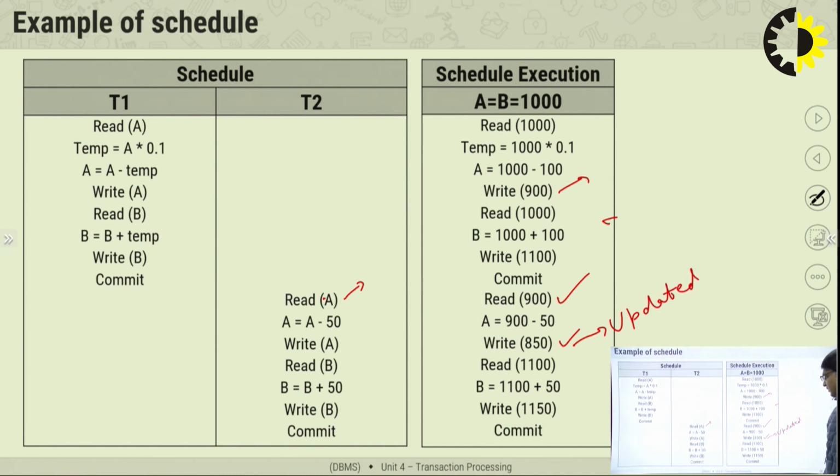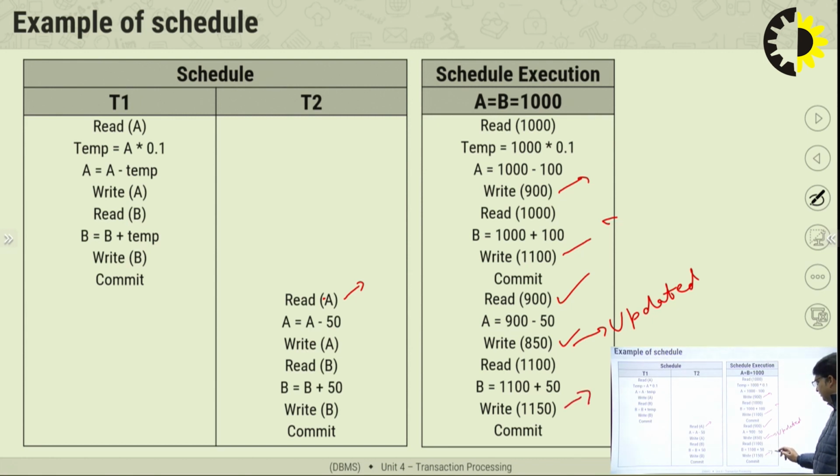And now B will be reading the value 1100. B is reading a value that is written by T1. The value written by T1 is 1100. Now the value of B becomes B equal to 1100 plus 50. So the value of B becomes 1150.